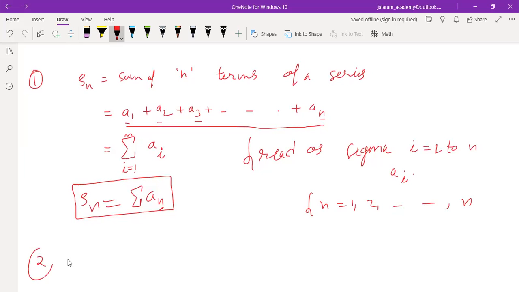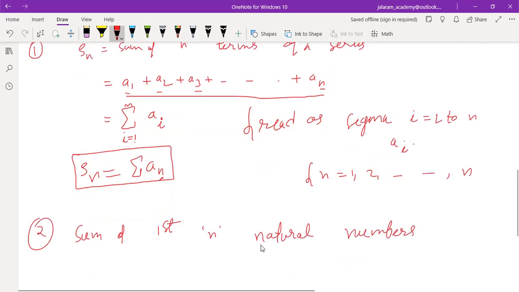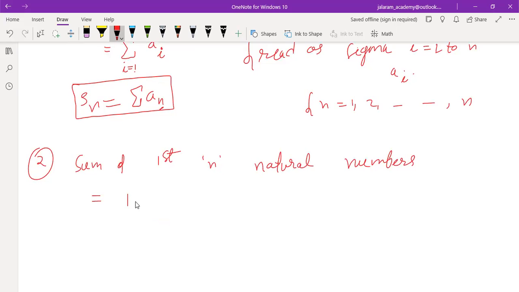Like the first is the sum of first n natural numbers. That is 1 plus 2 plus 3 and so on up to n.